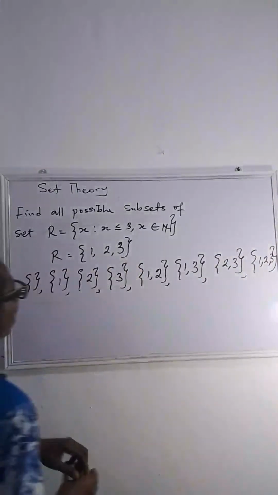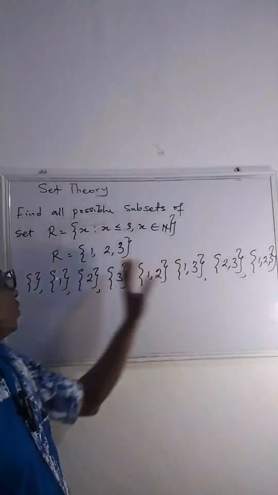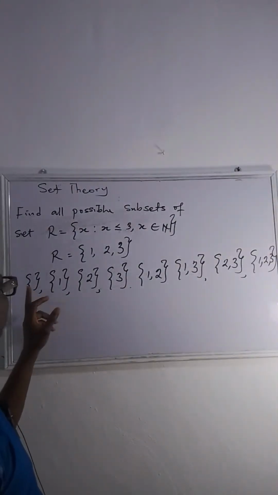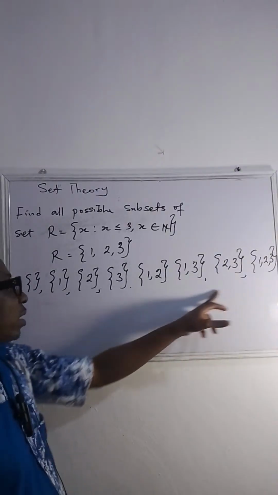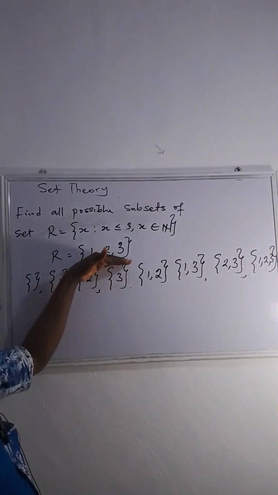All of these are possible subsets of this. Now let's count all together. It must be 8. 1, 2, 3, 4, 5, 6, 7, 8. So they are the possible subsets of this set.